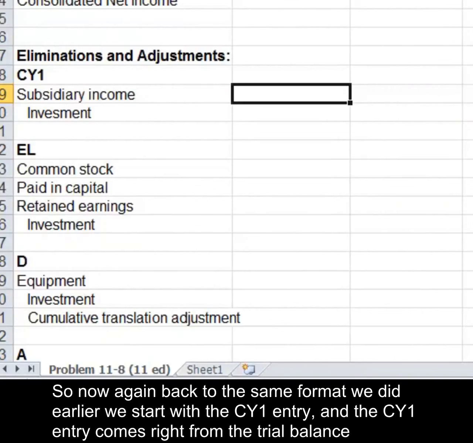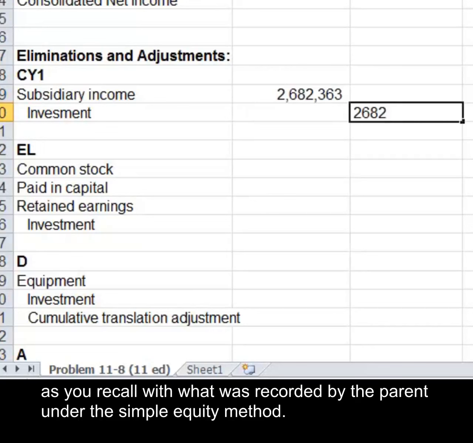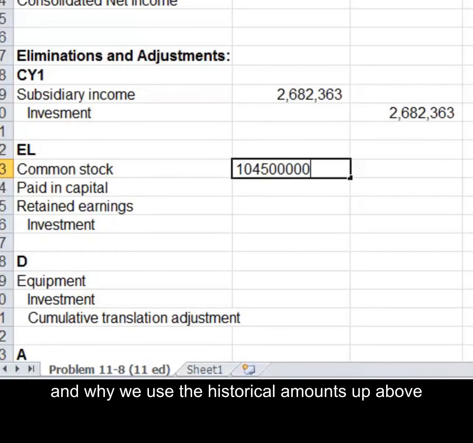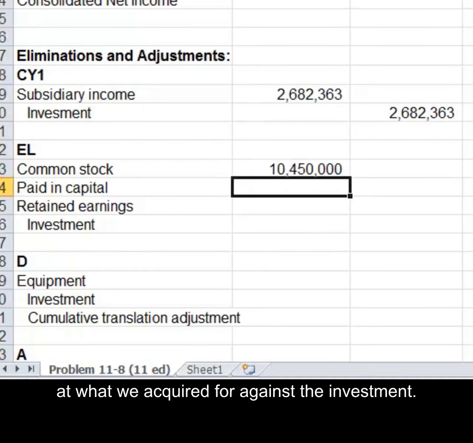We start with the CY1 entry, and the CY1 entry comes right from the trial balance, as you recall, with what was recorded by the parent under the simple equity method. The EL entry, again, comes right from the trial balance. These are the translated amounts, and why we use the historical amounts up above is so that it translates out at what we acquired it for against the investment.